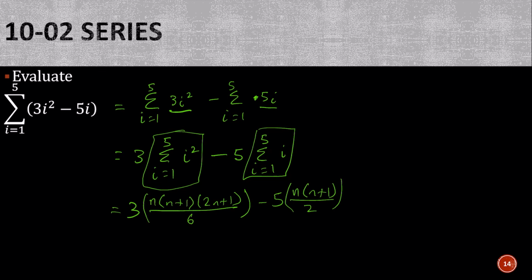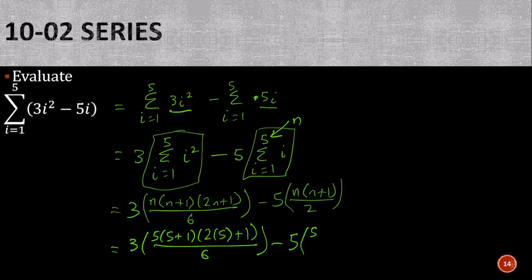What was on top? So n is 5. So plug in a 5 for the n. And run it through your calculator, simplify it, and I think you end up with 90.